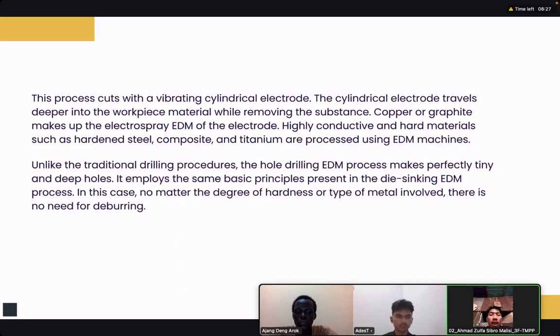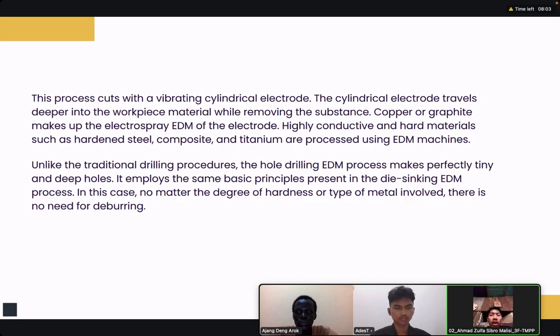The process cuts with a vibrating cylindrical electrode. The cylindrical electrode travels deeper into the workpiece material while removing the substance. Copper or graphite is used for the electrode. Highly conductive and hard materials such as hardened steel, composite, and titanium are processed using EDM machines.